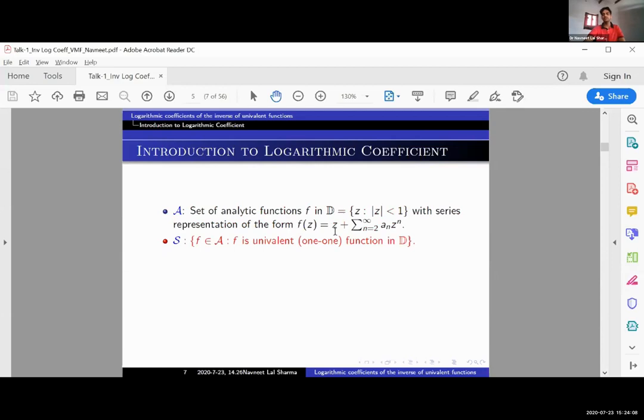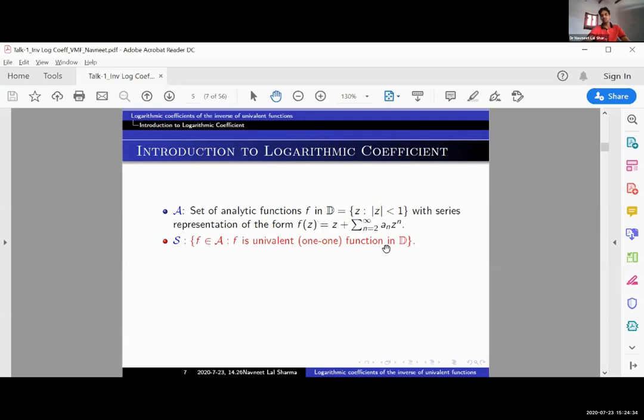Because if you are taking the series f of z equal to, suppose, a1 z plus a2 z square plus a3 z cube, that means because this is an analytic function and a univalent function, now we can normalize this. And because this is a univalent function, and for a univalent function we know the derivative is non-zero, we can divide by the first coefficient.